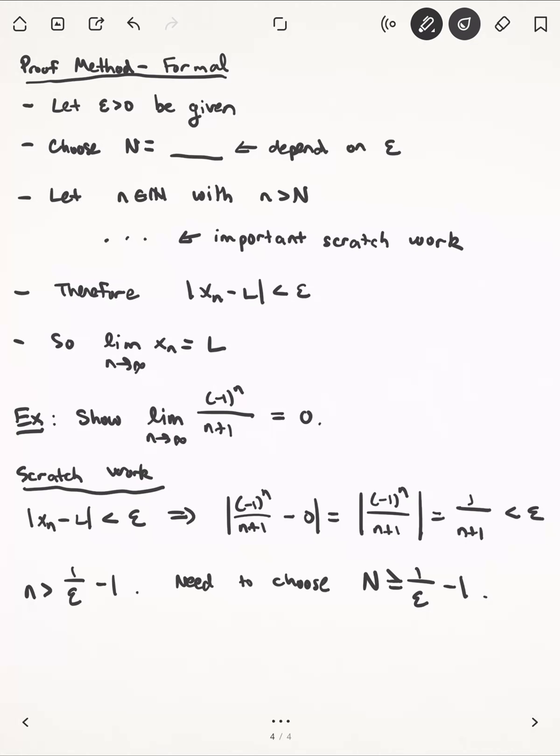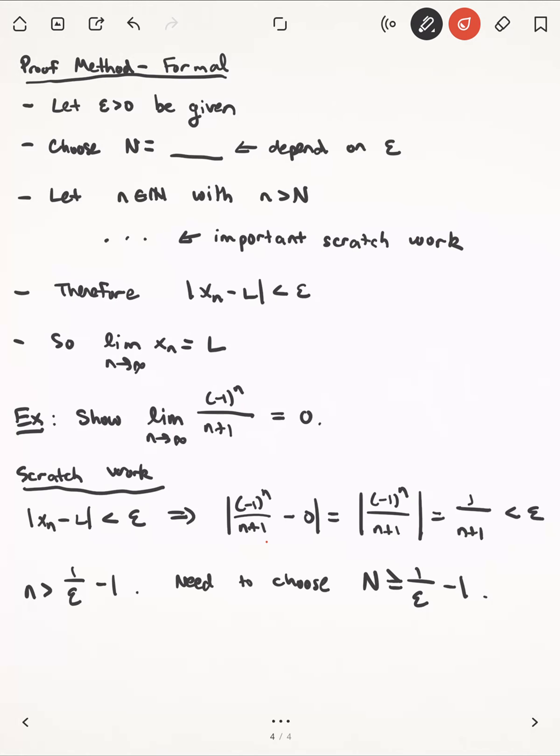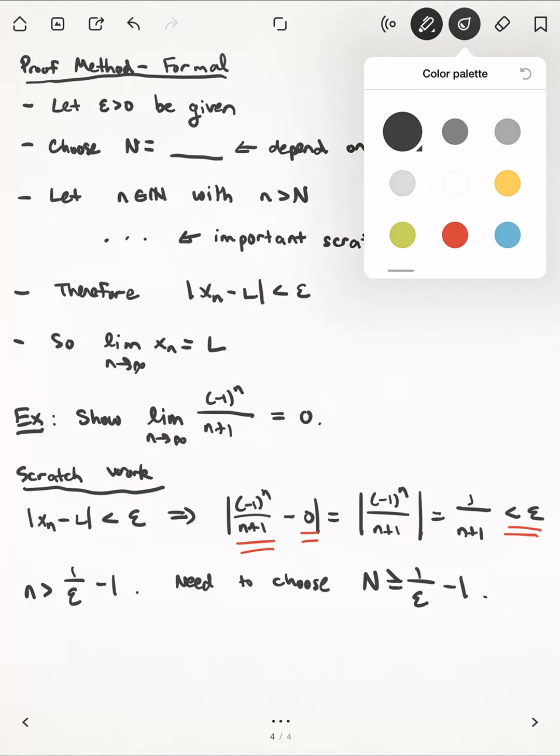And if we do that, according to this little scratch work calculation, we'll have that for any epsilon greater than 0, the distance between the nth term of the sequence and the limit is less than epsilon. And so we've basically done it. Now we just have to write down the formal proof.